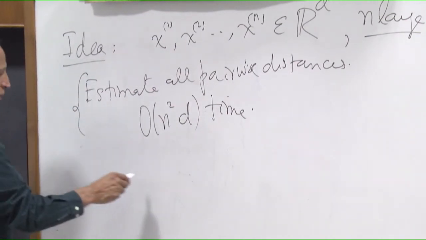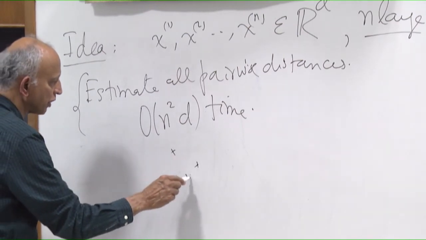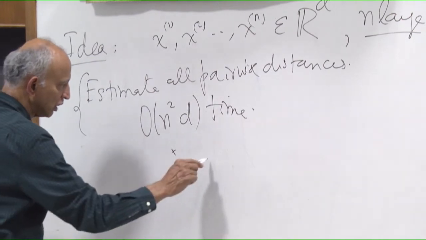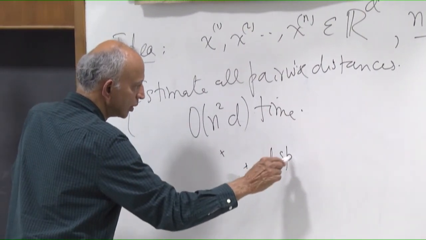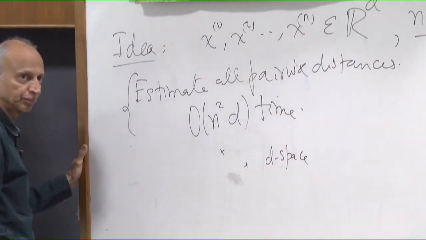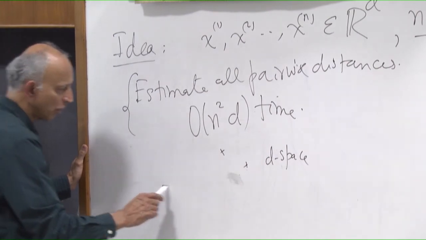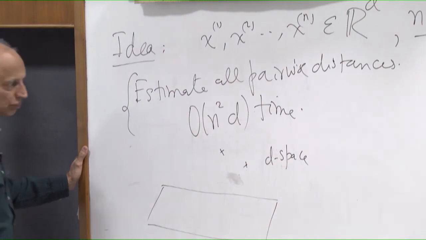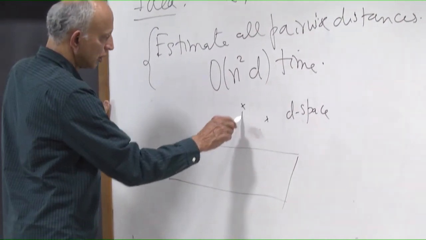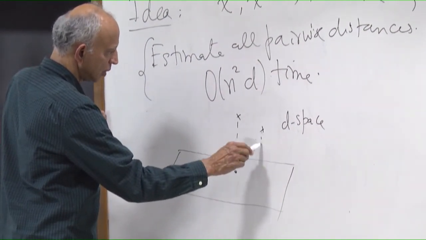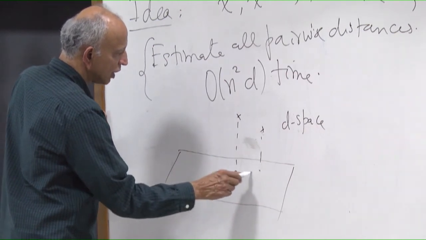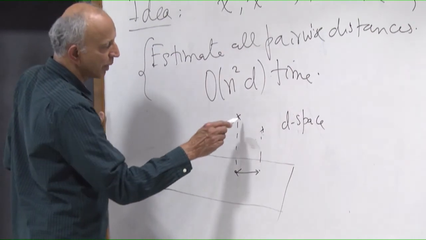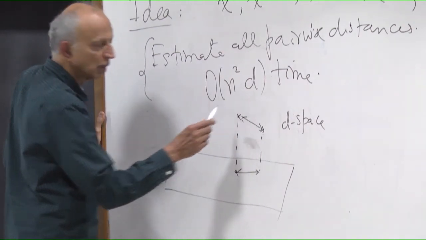What the Johnson-Lindenstrauss theorem says is that if I have 2 points, just 2 points in d-dimensional space, I can project them down to a much smaller dimensional space, so that the distance between them in the projection gives you a good estimate of the distance between these two.